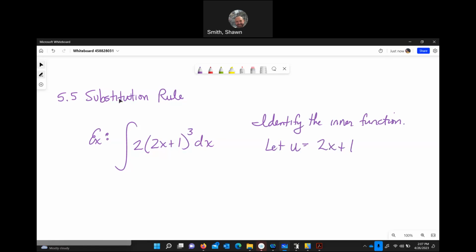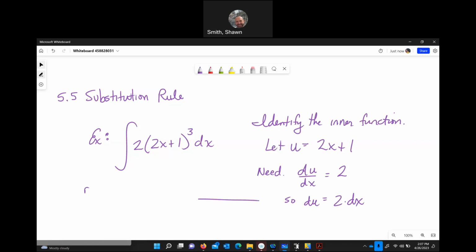If I take u as that, we need du, the derivative of u with respect to x. So u prime is just 2, right? If I cross multiply, du is equal to 2 times dx.